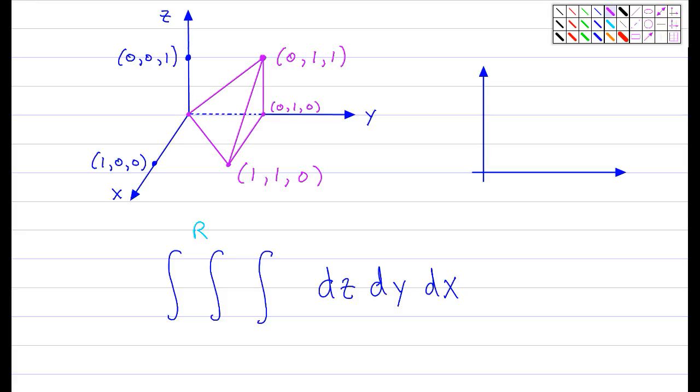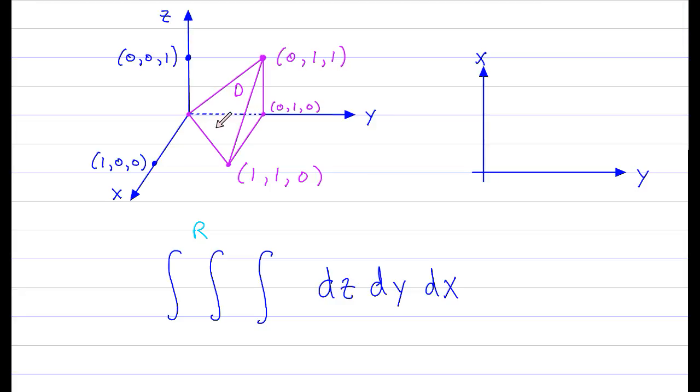The region that we're integrating over, namely this tetrahedron, we're usually going to call D. Now, let's see what that shadow is. Let's look at this nice little set of axes over here, y and x, and figure out what shadow this solid makes in the xy plane.